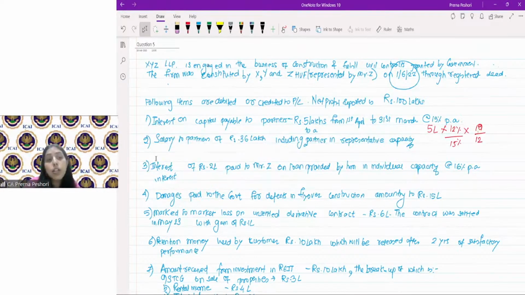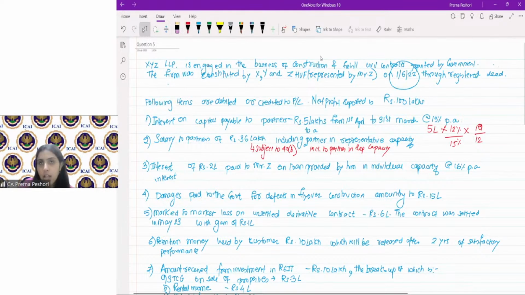So the salary which is paid to him will also be considered under 40B, including to the partner in the representative capacity. Why? Because even though he is representing the HUF, he is representing as a partner. So therefore, he should be subject to the 40B restriction.